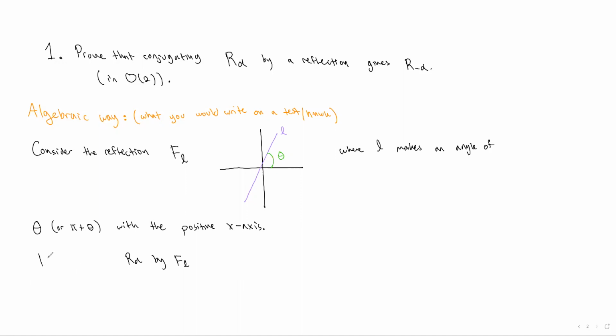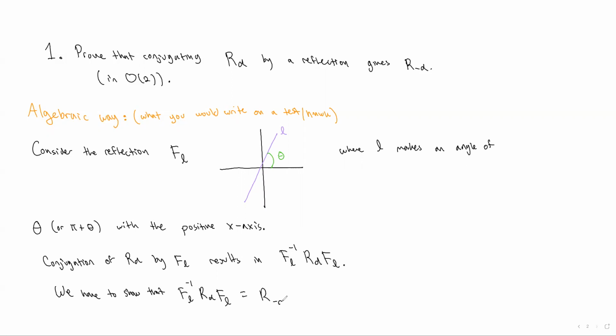Okay, conjugation of R alpha by FL results in this element. So we have to show that FL inverse R alpha FL equals R negative alpha. That's what we need to show.